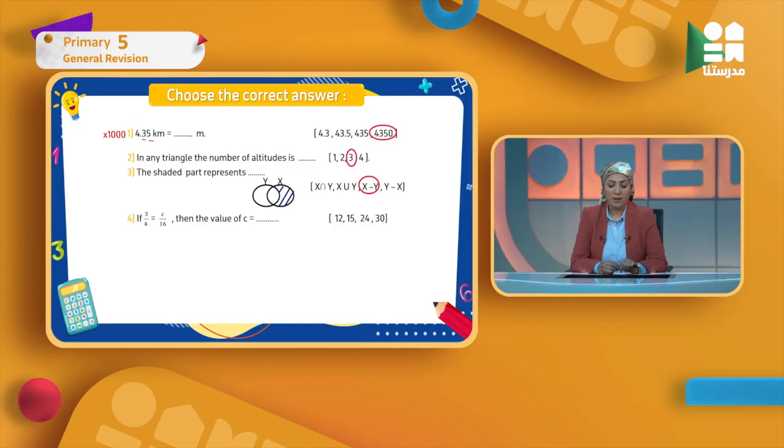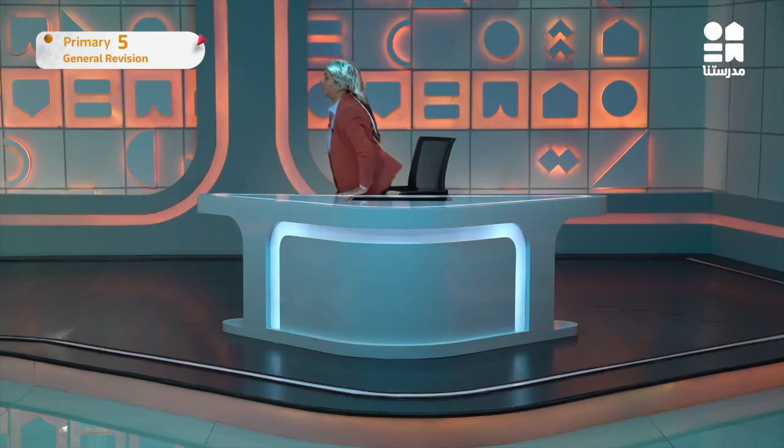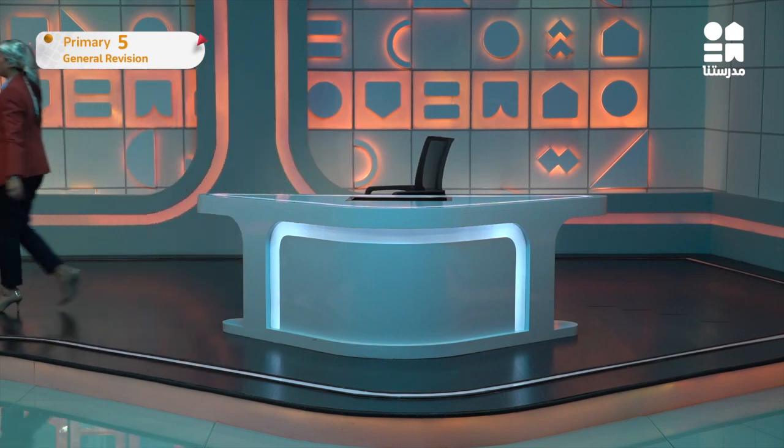Question 4, if 3 over 4 equals c over 16, then the value of c is 12, 15, 24, or 30. Let's see how we do it on the board. Okay, guys, now this is the question.